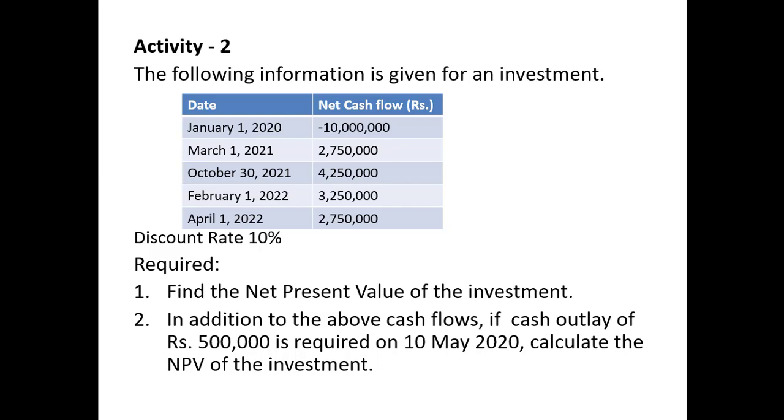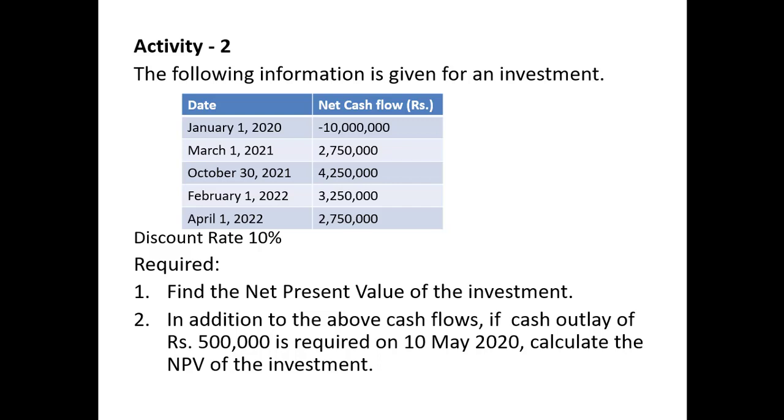Then the net cash flows are given. Initially you incur 10 million, then thereafter 2.75 million on 1st of March 2020, then October 30, 2021, 4.25 million, February 1st, 3.25, April 1st, 2.75.